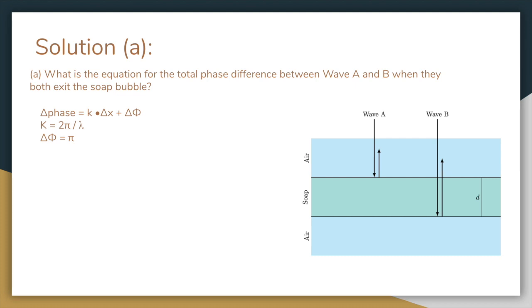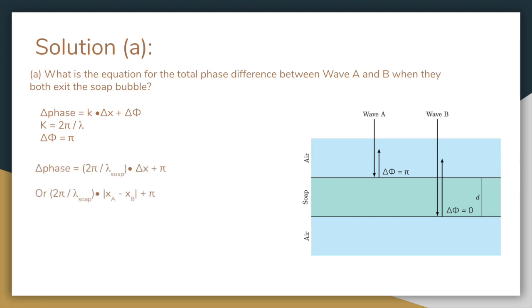And phi in this case is equal to pi because wave A bounces off of a higher index of refraction, so it gets a value of pi, and wave B does not, as it is traveling from soap to air, so it bounces off a lower index of refraction and has a value of 0. So our total phi is equal to pi.